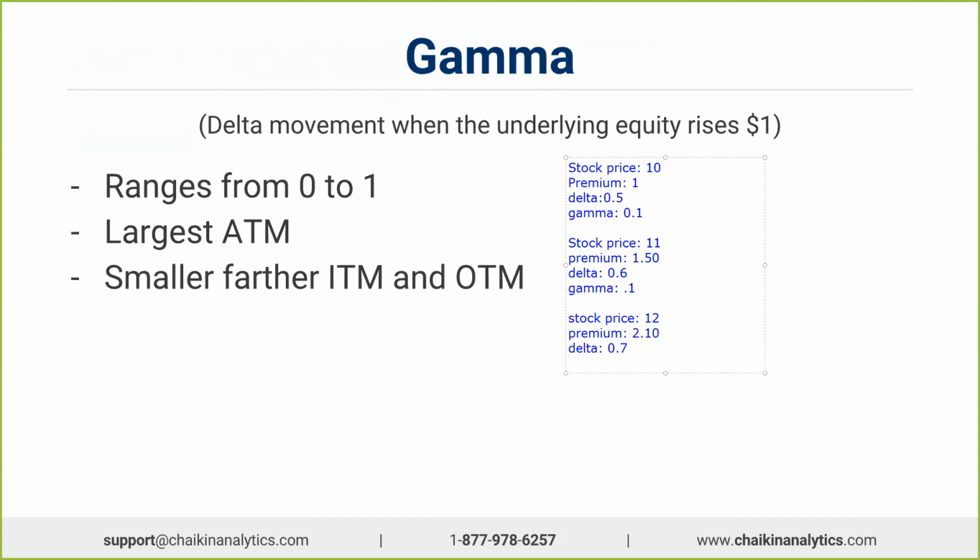And so the new premium would be $2.80. The delta would then go to 0.8, and so on and so forth. So that is gamma.